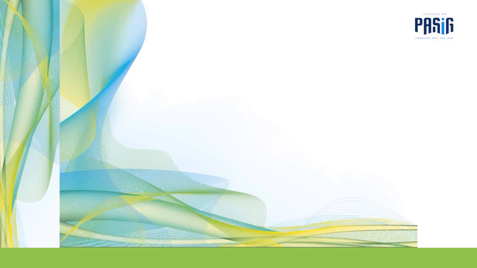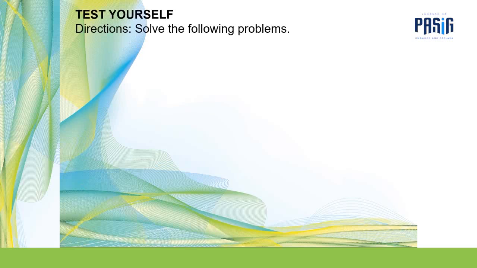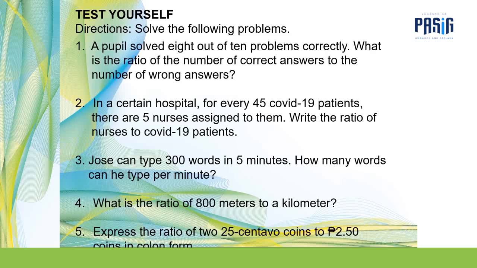The third activity is test yourself. Directions. Solve the following problems. Number 1. A pupil solved 8 out of 10 problems correctly. What is the ratio of the number of correct answers to the number of wrong answers? Number 2. In a certain hospital, for every 45 COVID-19 patients, there are 5 nurses assigned to them.